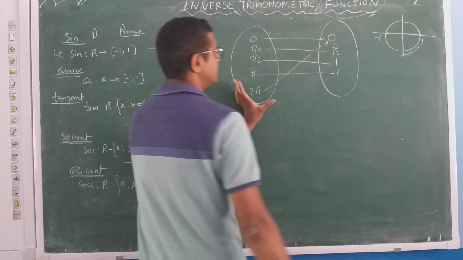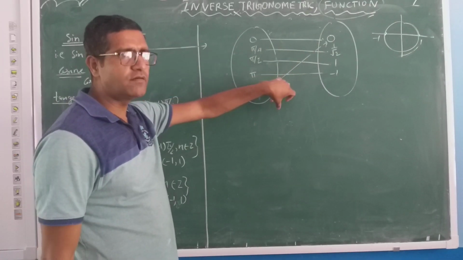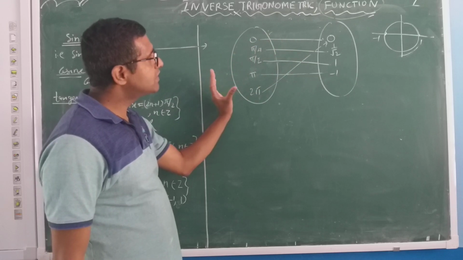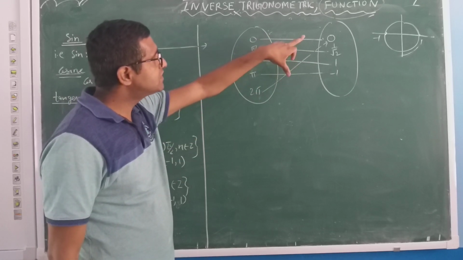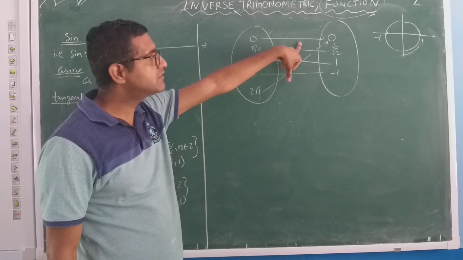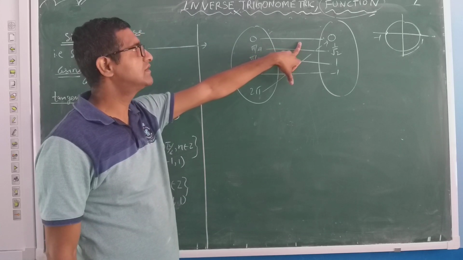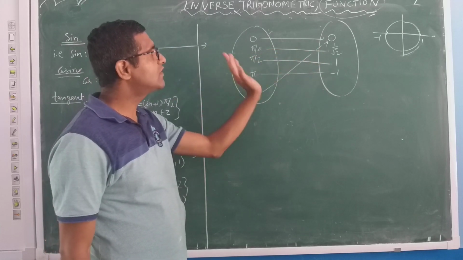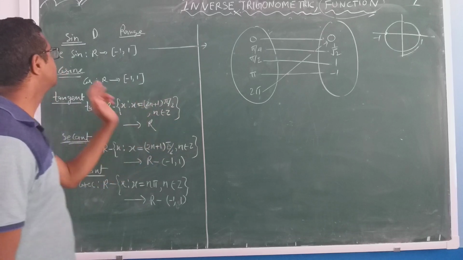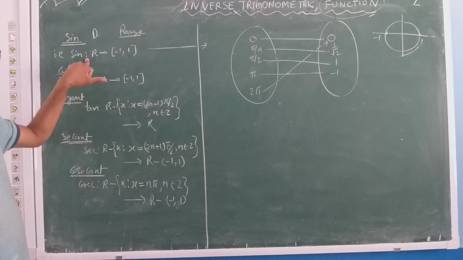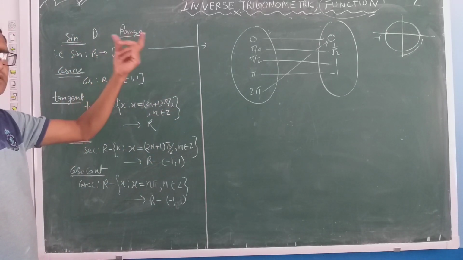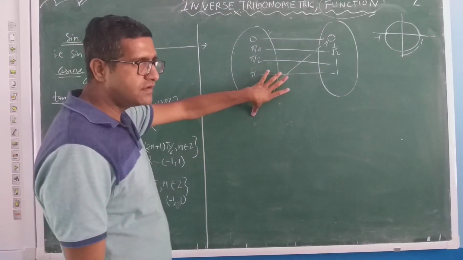From this diagram, my dear student, you can identify that this function is not one-one, it is many-one. So it is not invertible for its given domain and range. Is that clear?